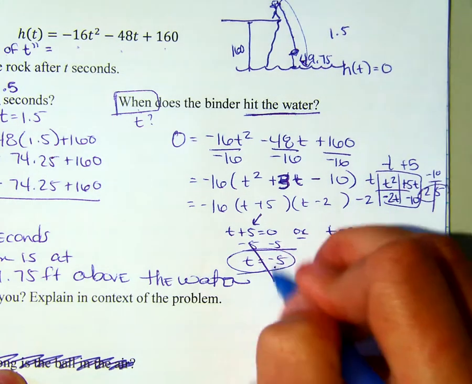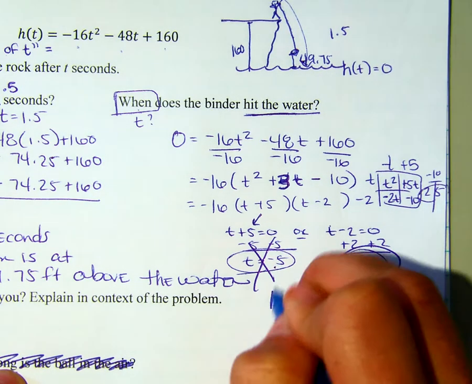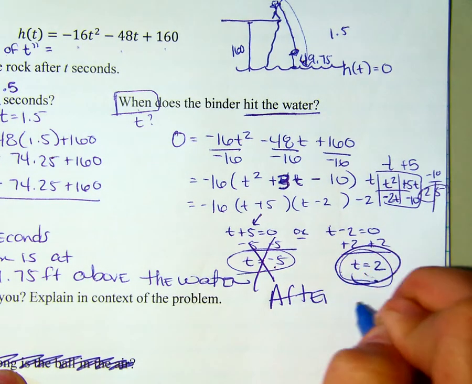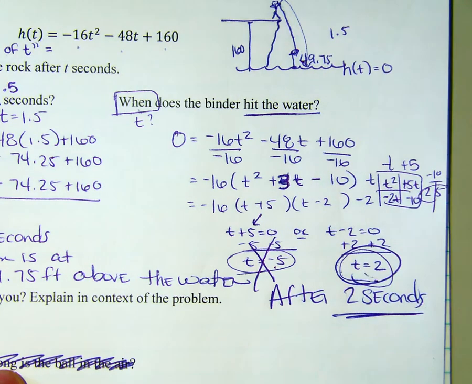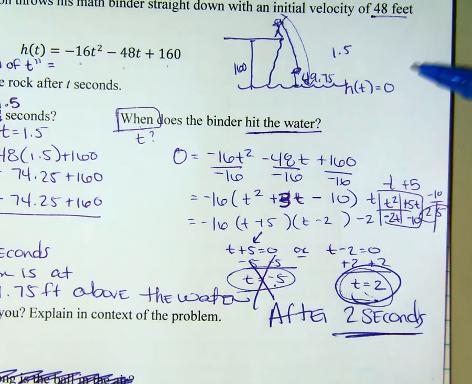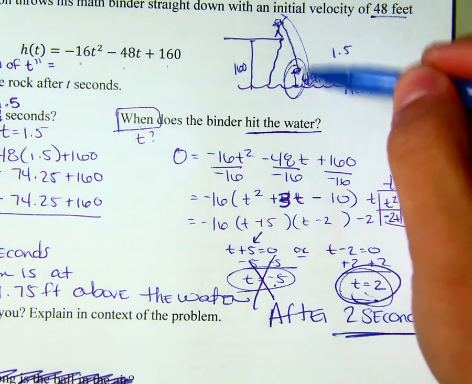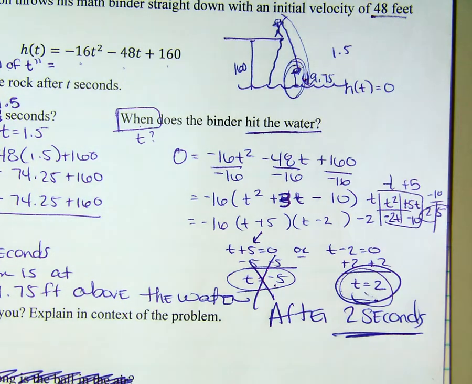So what makes the most sense is after 2 seconds, the binder will hit the water, which makes sense because after 1.5 seconds, it's almost hitting the water. So then after that next half second is when it actually hits the water.